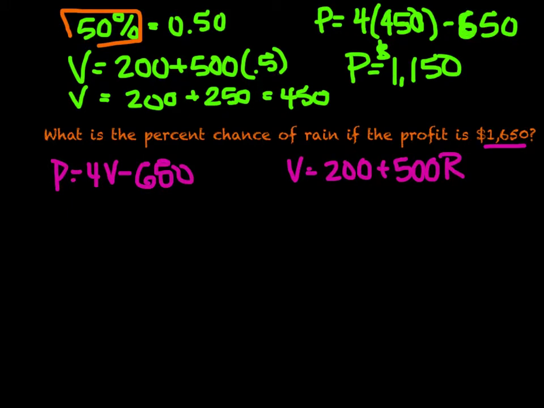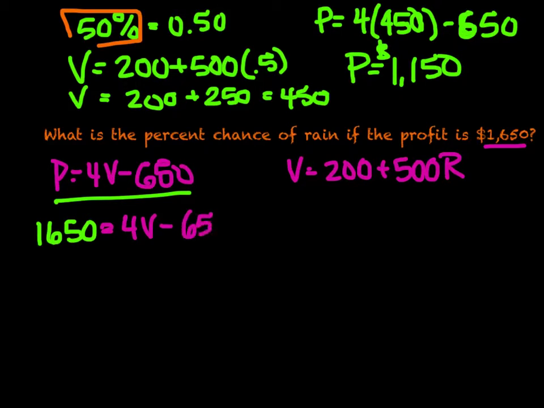Now, I need to think about how I'm going to do this. I have a profit of 1,650. So I'm going to use this first equation instead of the second equation like I did in the last one. I'm going to say $1,650 is equal to 4 times the visitors minus 650.